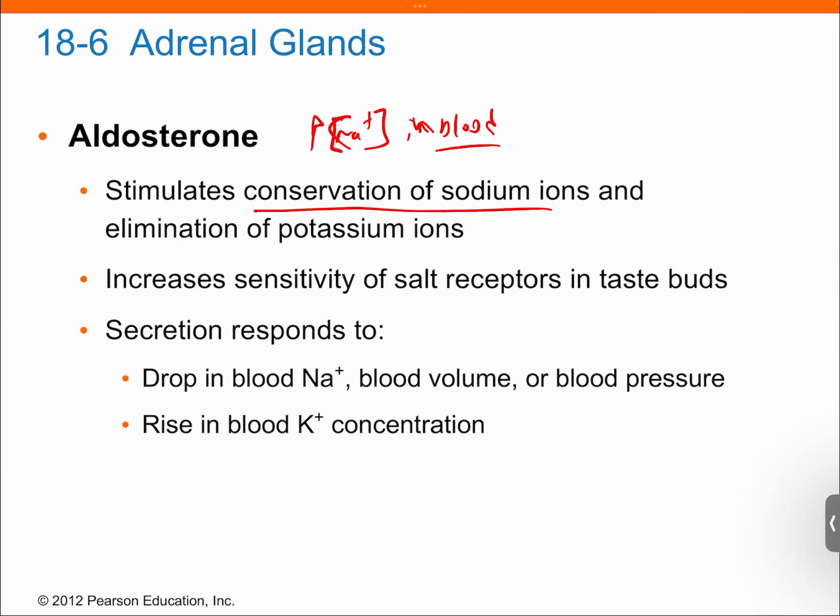Now, that makes a lot of sense, right? Because if you're going to run a nervous impulse, you need those sodium ions to run your sodium channels, right? So this is going to be working to retain sodium in your system. That's what it does. It retains sodium in your system.